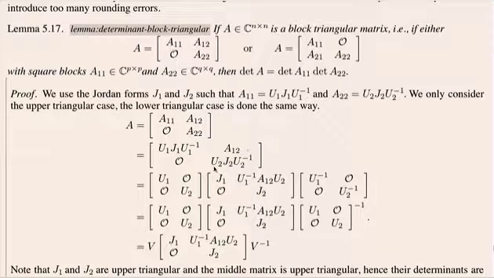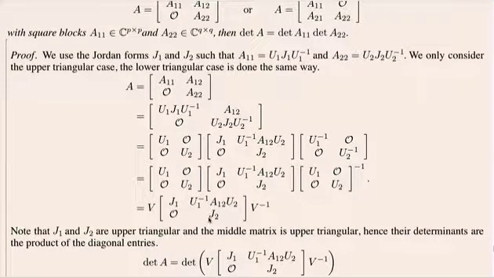Once we have this, you can also notice that the way we invert a block diagonal matrix is that we just invert the diagonal blocks. That means the U1 inverse, U2 inverse matrix is the inverse of the matrix U1, U2. And then we have this similarity transformation, V times an upper triangular matrix times V inverse.